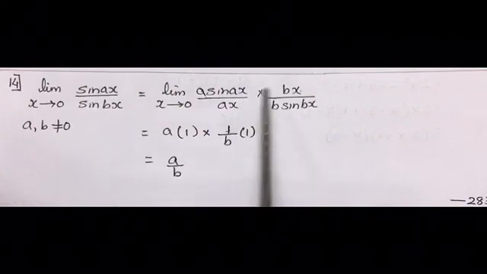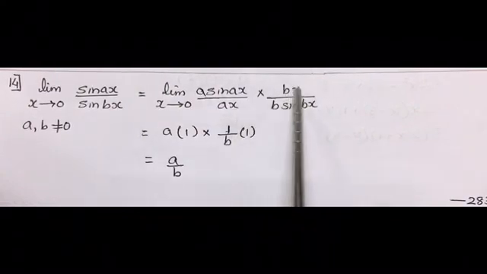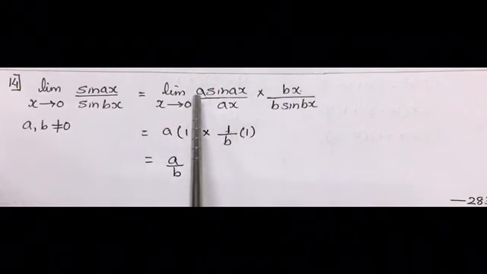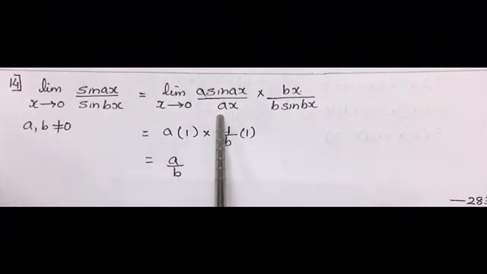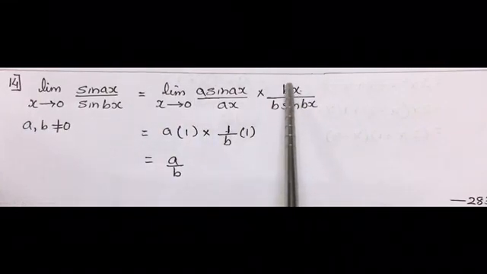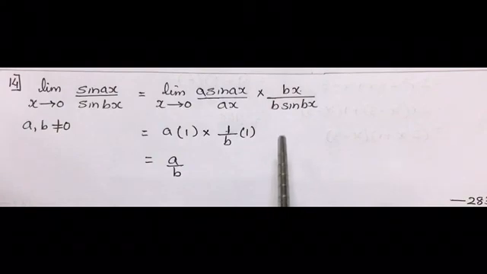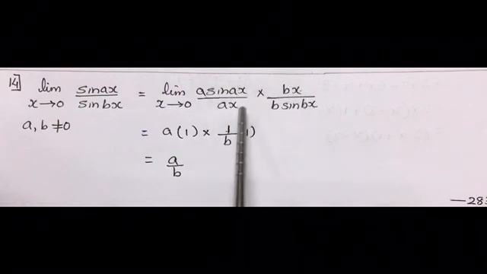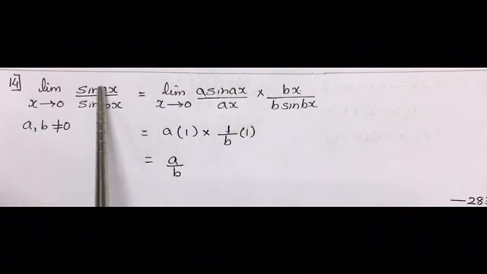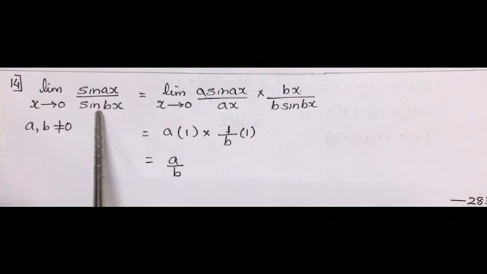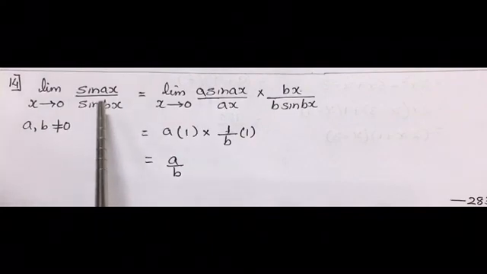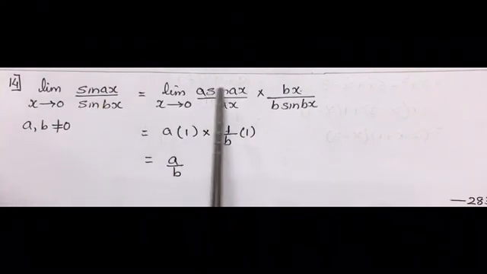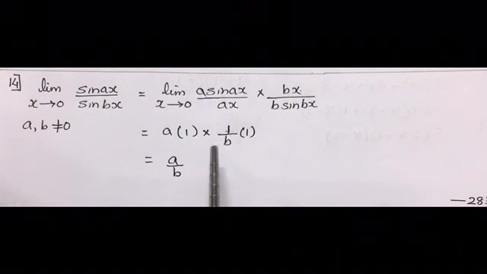So x is divided, x is multiplied, so it remains balanced. a is multiplied and a is divided. b is multiplied and b is divided. So all the adjustment is being done, and the adjustment is being done in such a way that the original question is not changed and the formulas are being adjusted.